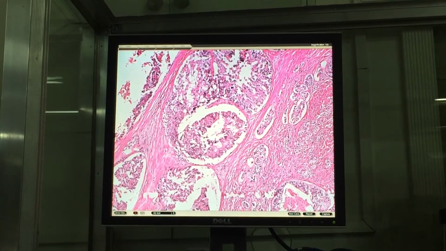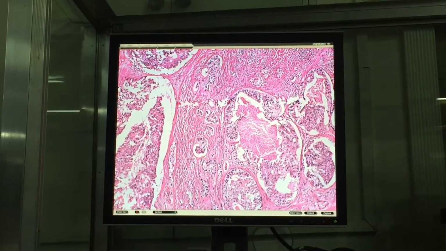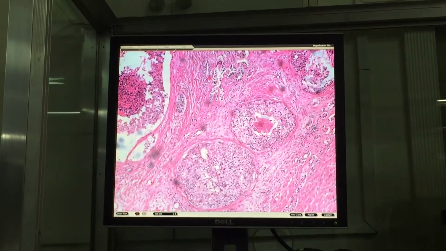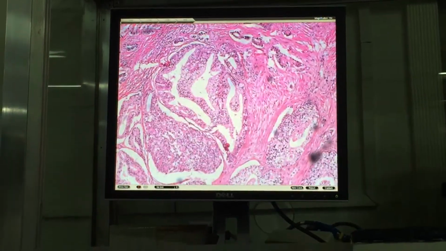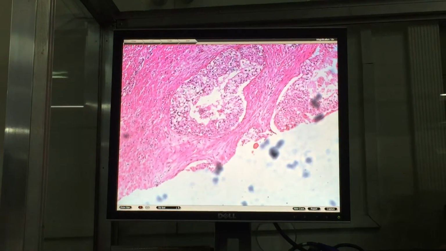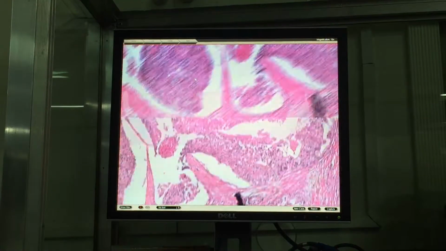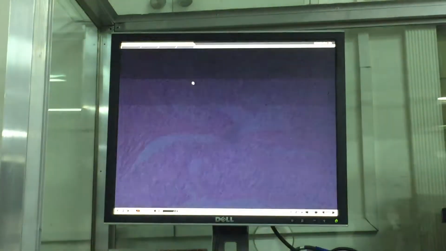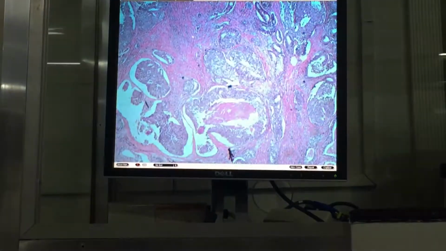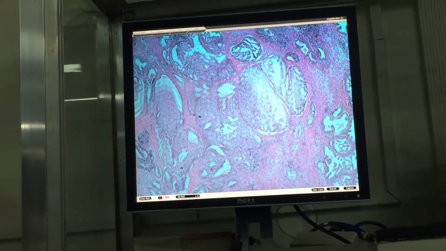The cells are several layers thick, including this one. But what is important, so you can identify that this is malignant, is that you should see glands in back-to-back arrangement, like this one.